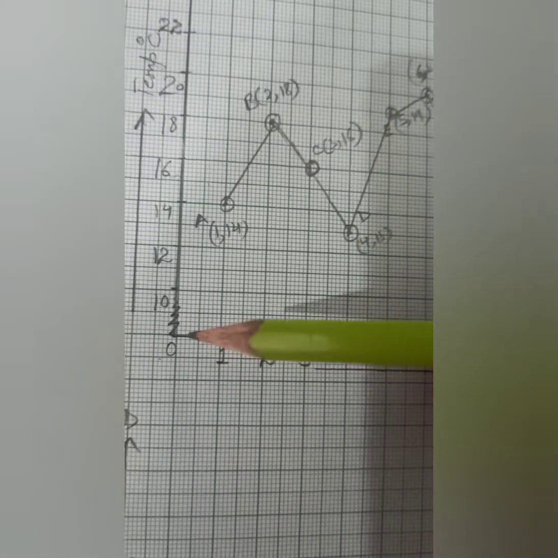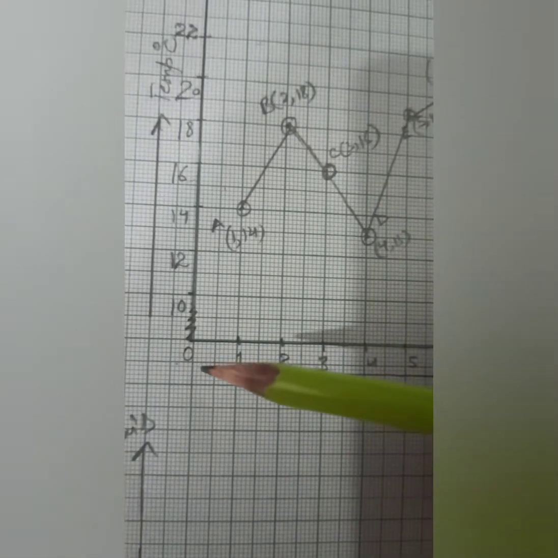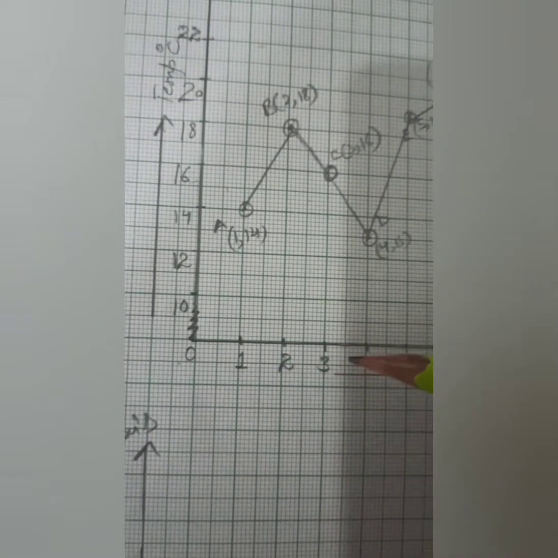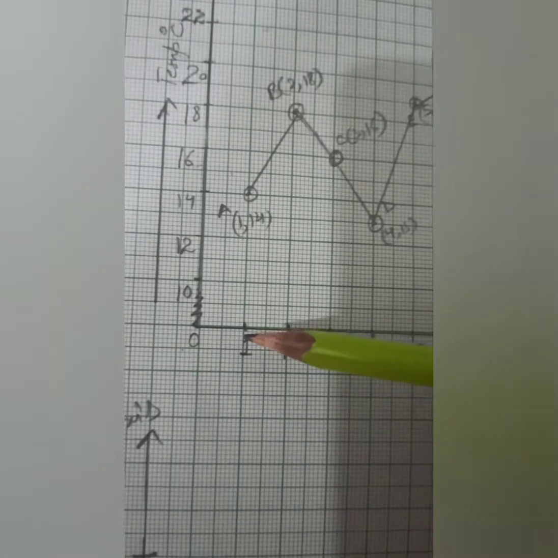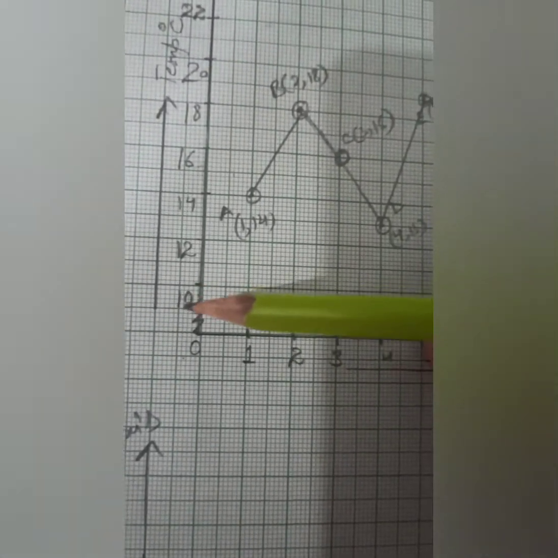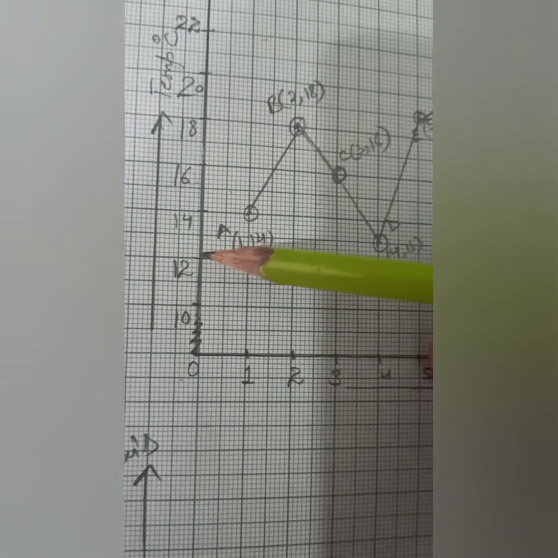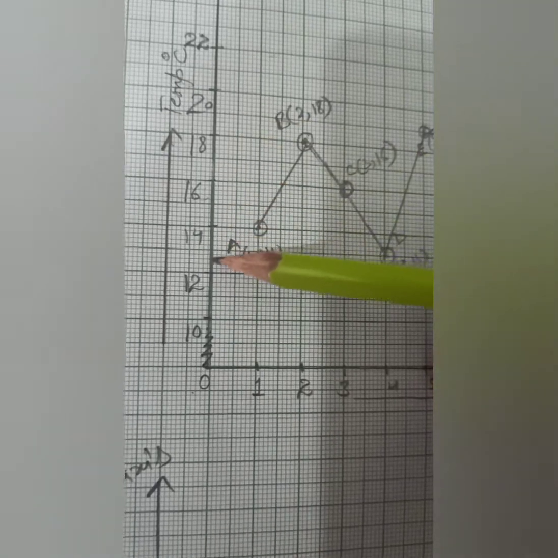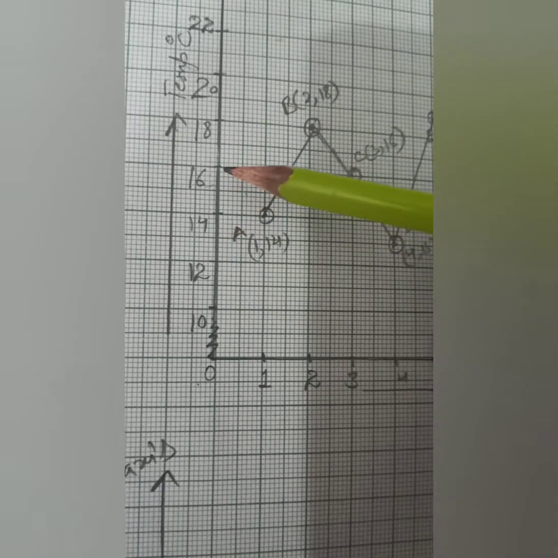Because see here, from the origin there is 1, 2, 3, meaning one big box, and 10 small divisions equal 1. But here along the y-axis I am not going to take a difference of 12, 14, 16 for the first big box.